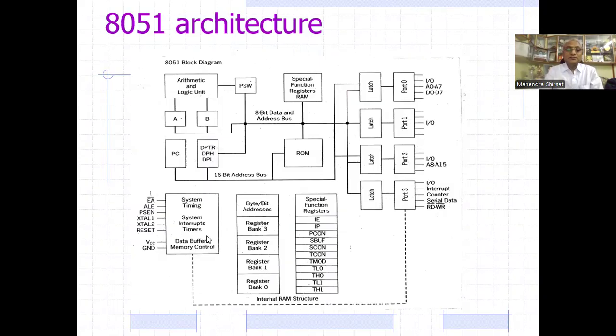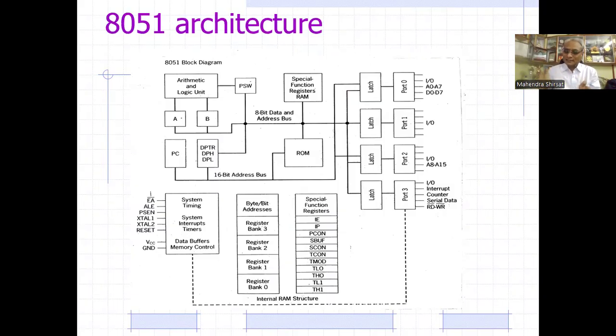This block, the system timing, is very very important. This block is being used to control the timing inside. टाइमिंग का मतलब क्या है, जैसे हमने एक इंस्ट्रक्शन दिया है, फॉर एग्जाम्पल हम डेटा ट्रांसफर करना चाहते हैं रजिस्टर बी से ए तक. तो whenever we want to transfer data from B to A, तो हमें क्या करना पड़ेगा, रजिस्टर बी को हमें इनेबल करना पड़ेगा, रजिस्टर ए को इनेबल करना पड़ेगा, और फिर डेटा ट्रांसफर हो सकता है रजिस्टर बी से ए. So for that purpose control signals need to be generated. So जो भी हमारा इंस्ट्रक्शन होगा, 8051 माइक्रोकंट्रोलर का, when that instruction goes inside the microcontroller, this timing and control unit, the system timing unit will take care of decoding that instruction.